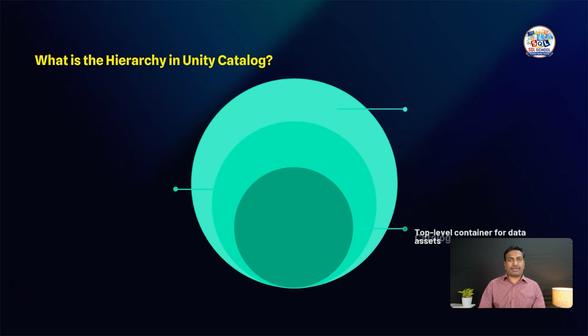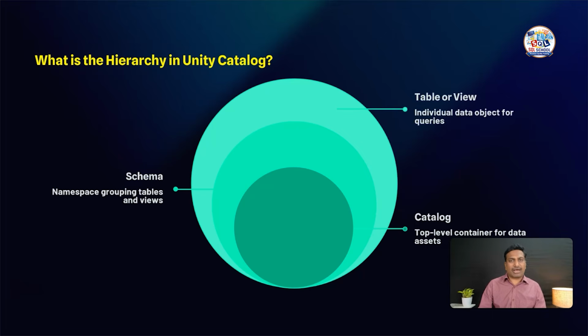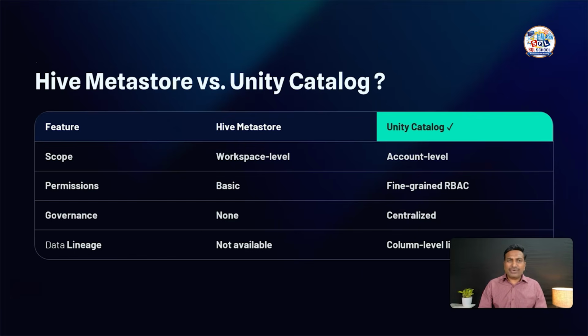Now the hierarchy here, I repeat once again. Catalog contains schemas. Schemas contain tables, views, functions, and models. Next, we have Metastore versus Unity Catalog, another very common question. Remember, Hive Metastore is at workspace level. Unity Catalog is at the account level. Hive Metastore has basic level permissions.